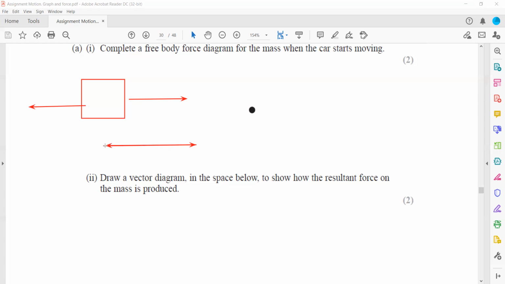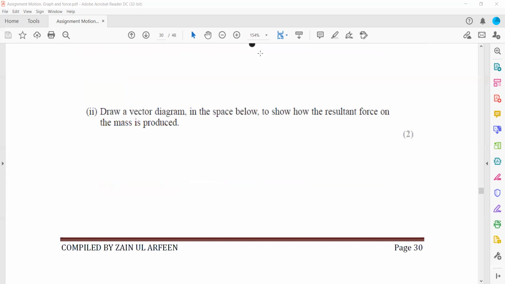If I return to the same starting point, the resultant will be 0. But if I'm not able to return to the same starting point, there will be a resultant. So we have to draw a vector diagram to show that a resultant force is produced.